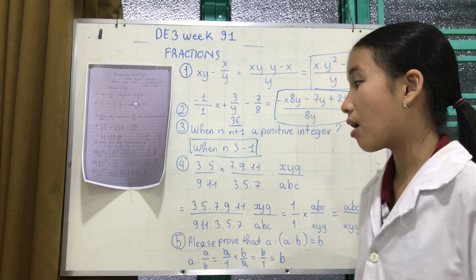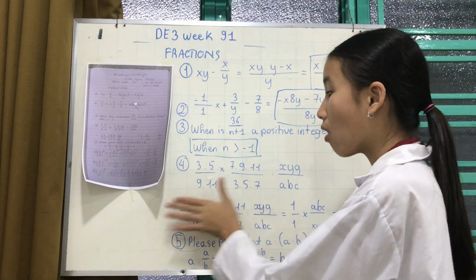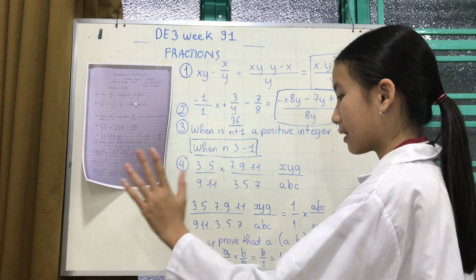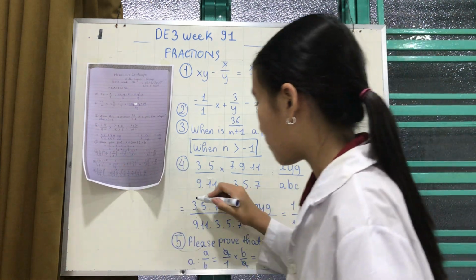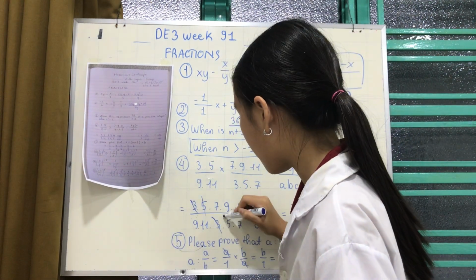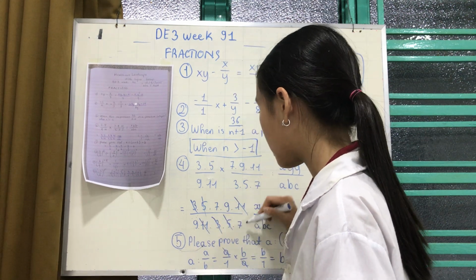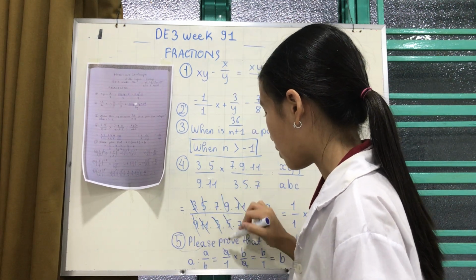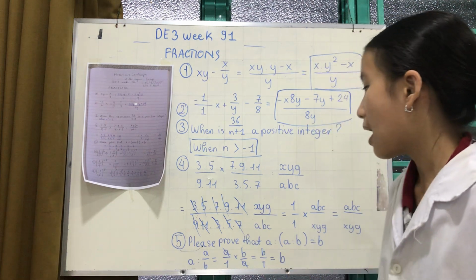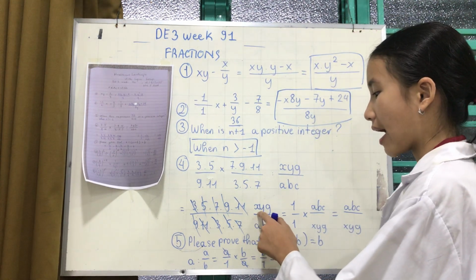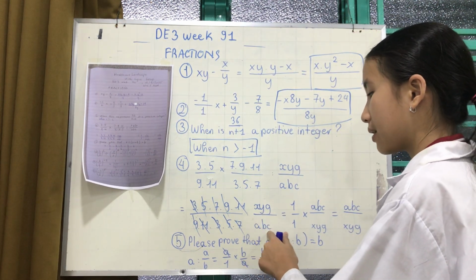So I saw that we can cancel out all of these numbers. So we can cancel out 3, 3, 5, 5, 11, cancel 11, 9, cancel 9, 7, cancel 7. And then divide it by xyg over abc.